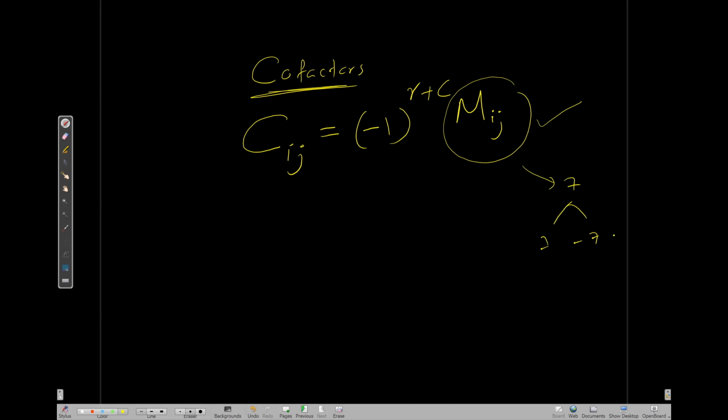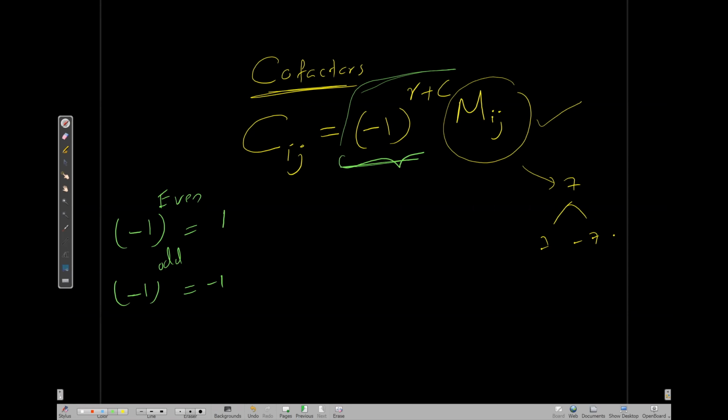Why? Because clearly look at this equation. Negative 1 raised to some power, right? So negative 1 raised to an even power is going to be 1. Negative 1 raised to an odd power is going to be negative 1. So this part right here will be either plus or minus.